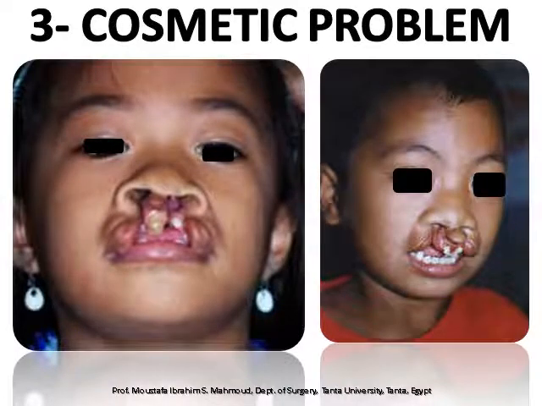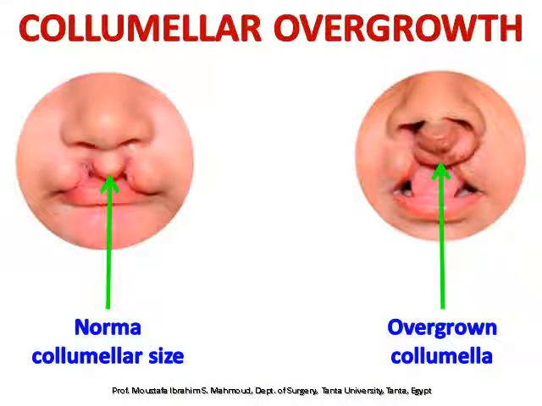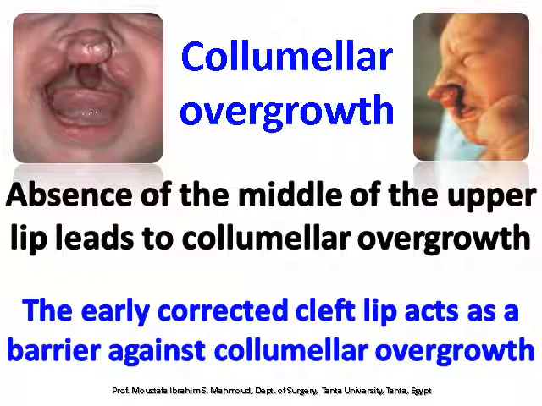Cosmetic problems are evident. Columellar overgrowth. The normal columellar size, the overgrown columella. Absence of the middle of the upper lip leads to columellar overgrowth.